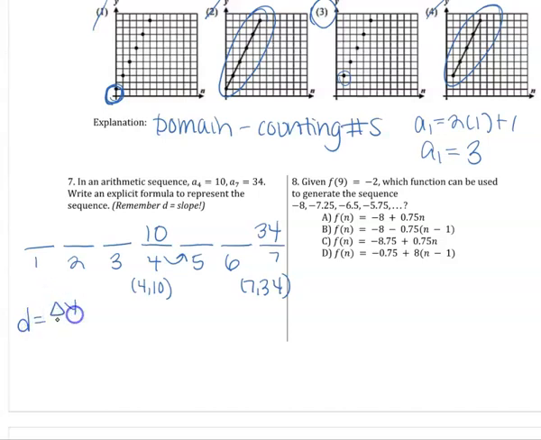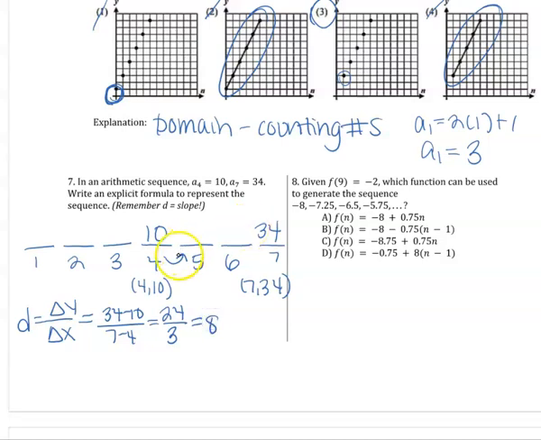which is change in y over change in x. Okay? That would mean I'm doing 34 minus 10 divided by 7 minus 4. Okay, I'm getting 8. All right.